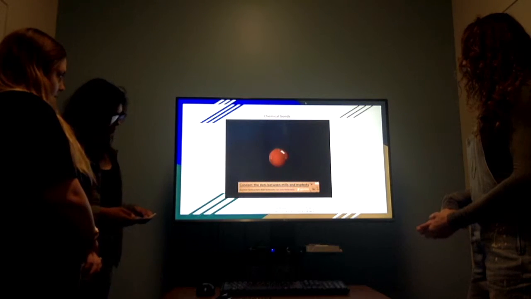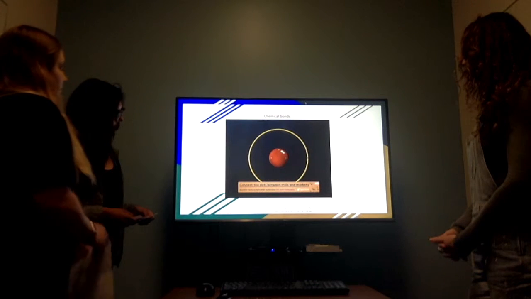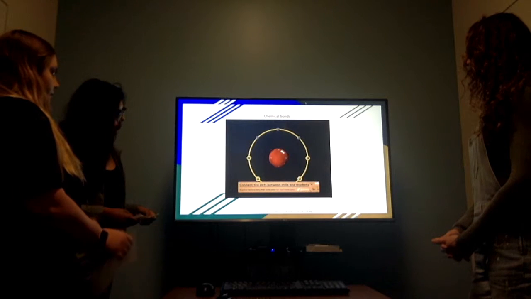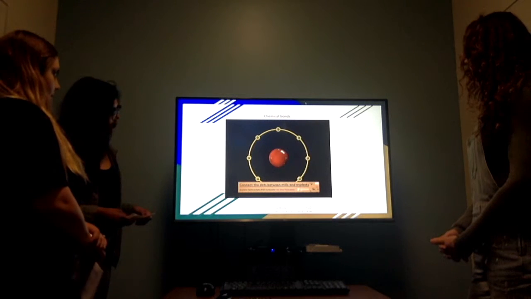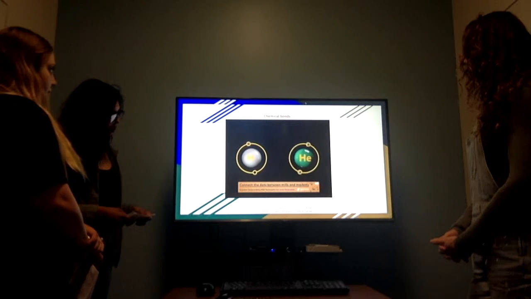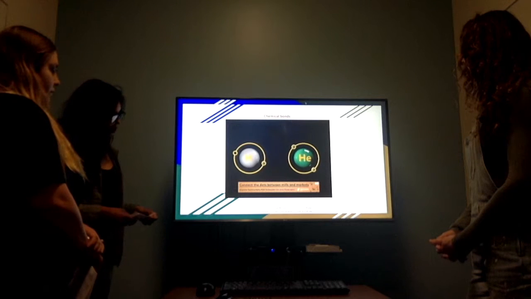For an atom to be stable, its outer shell of electrons, its valence shell, must be full. For most elements, the valence shell can hold 8 electrons. Due to their small size, atoms of hydrogen and helium can only hold 2 electrons.